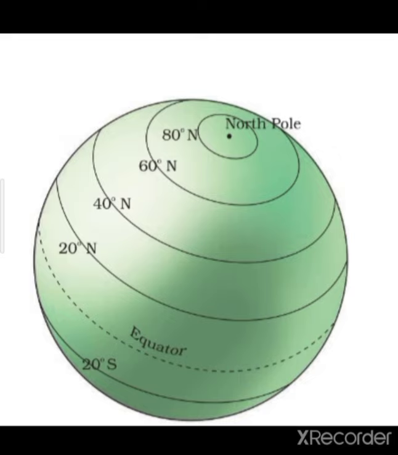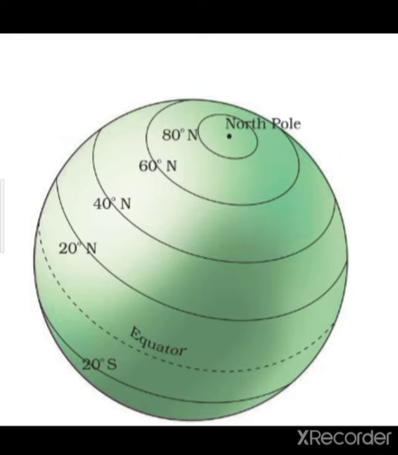This is about the equator. What are the important points? The equator is the horizontal line, and the axis is the vertical line. The sides present are north pole, south pole, west and east.